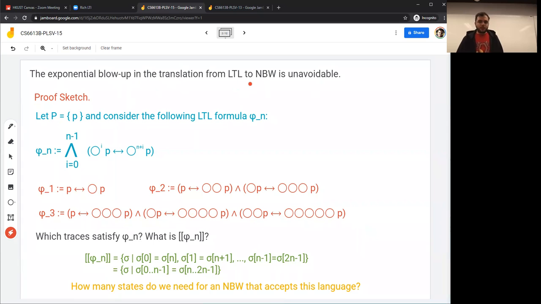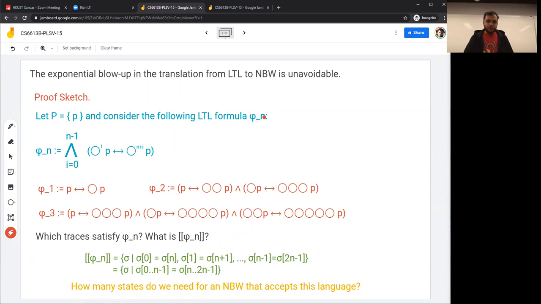In order to do this, when I'm saying it's unavoidable, again, assume that I have a black box that gives me the optimal automaton. So I have to take some formula and show that the optimal automaton for this formula will have exponentially many states.